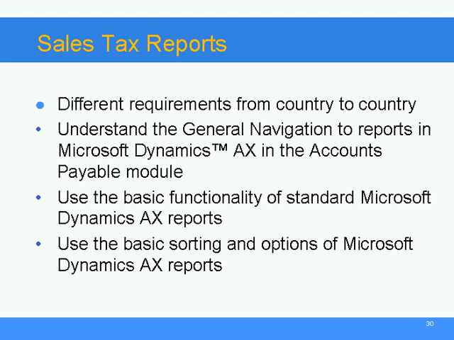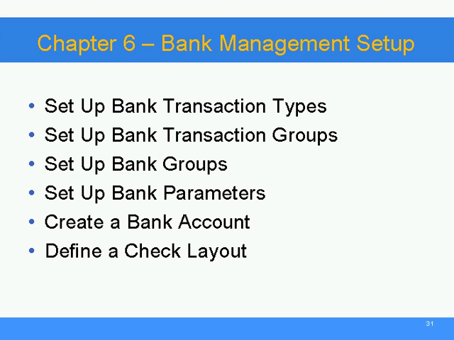So we have different plans from country to country, and we can use all features in the report, all standard reports, all auto reports. You can use sorting and range as well.